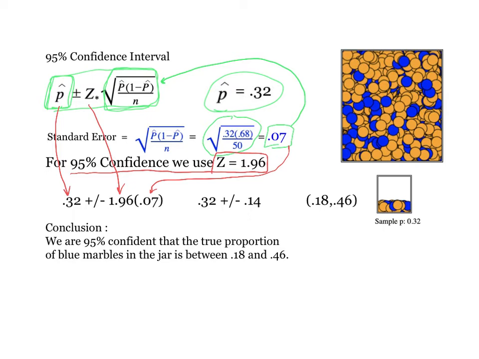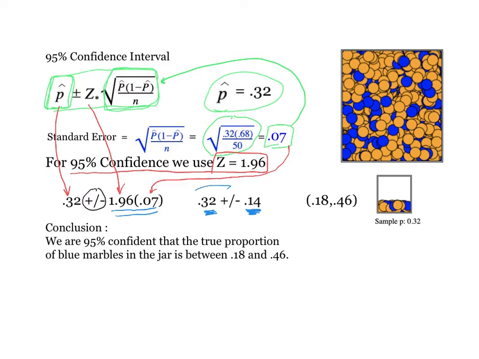The plus or minus part of this equation is just a part of every equation. Remember, that's how we're going to get our interval, by adding or subtracting this margin of error. So let's calculate the margin of error, and we do that by multiplying these two numbers together. So 1.96 times 0.07 gets me 14%.